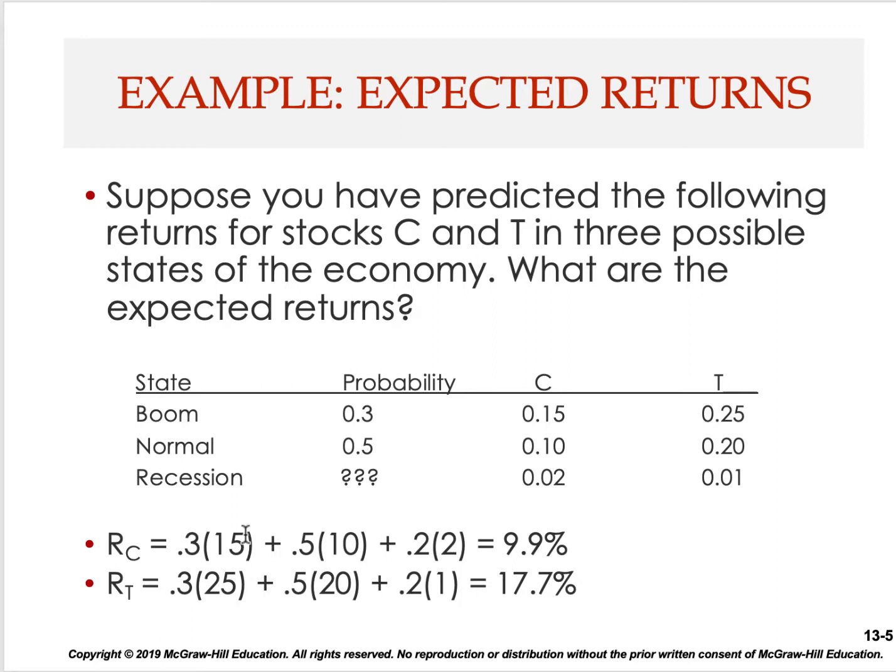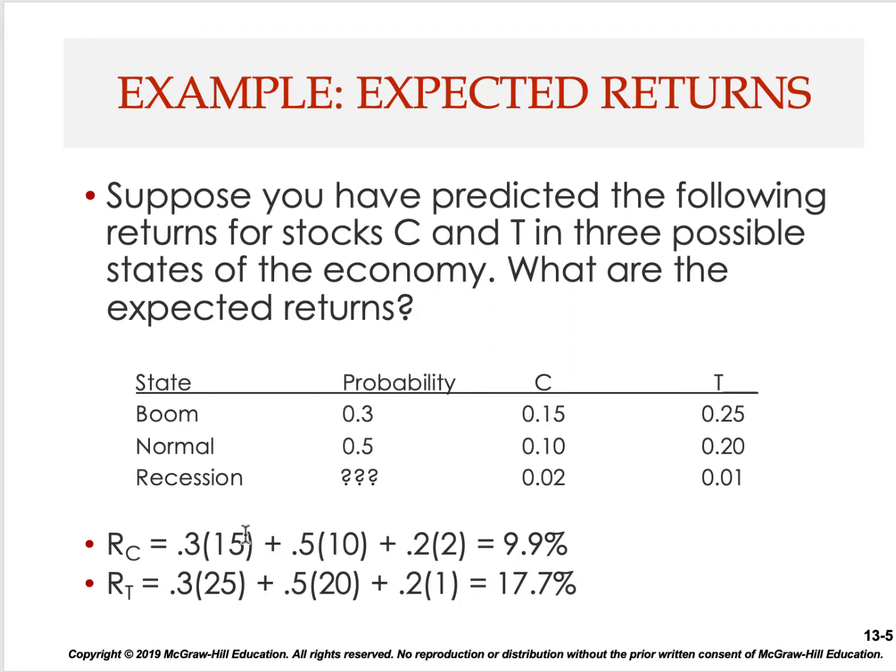To that, we add the other state of the economy. Well, what if there's a recession? There's a 0.2 chance of that happening. If that does happen, our return in company C we expect to be 2%.